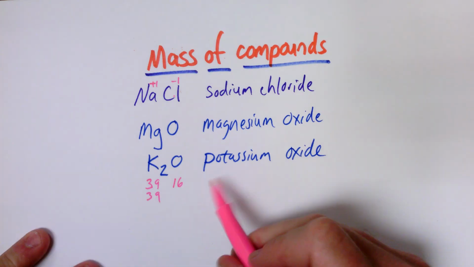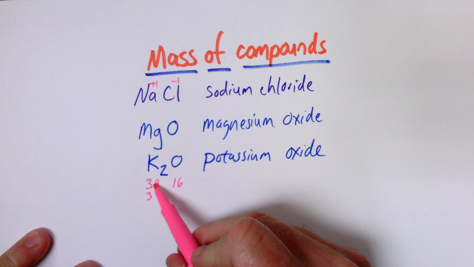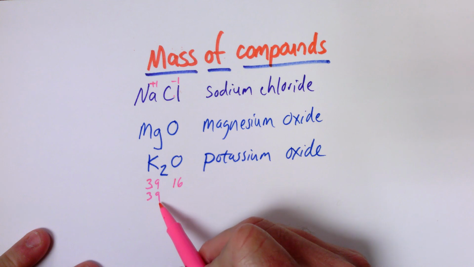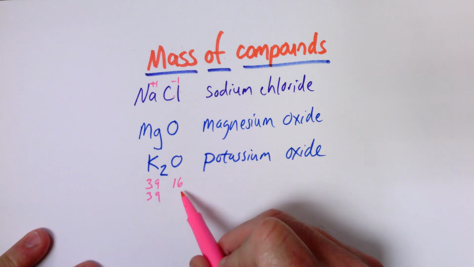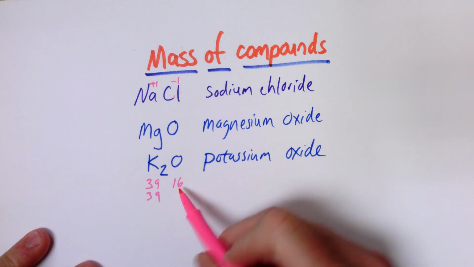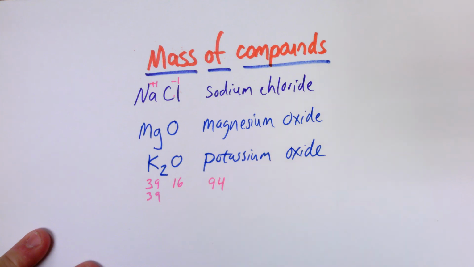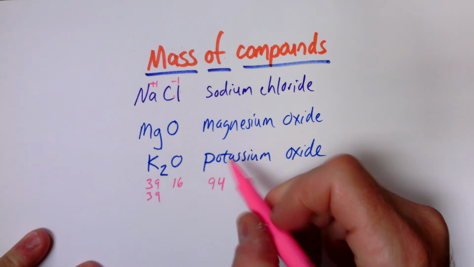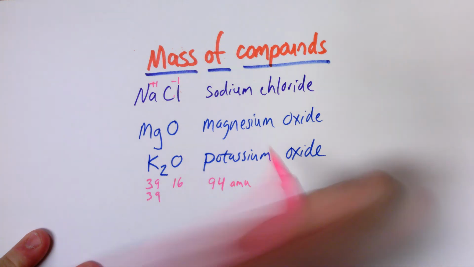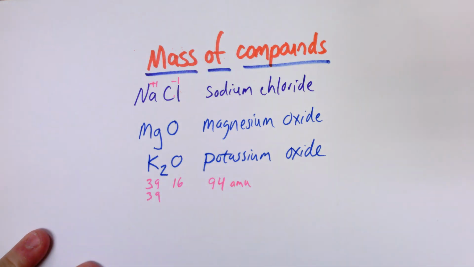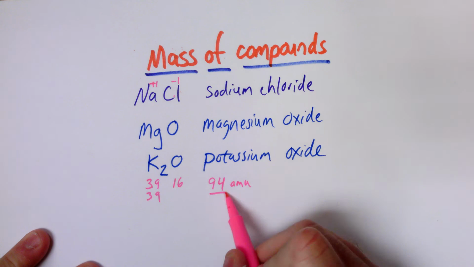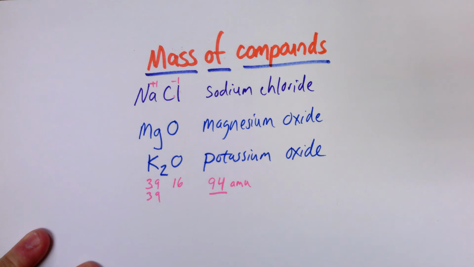So the mass of potassium oxide is two of these together, 78, plus 16. The mass of potassium oxide is 94. If you want to be more correct, we'll say those are atomic mass units. So the important part is, how do I get that number? It is simply the masses of those elements that make up the compound added together.